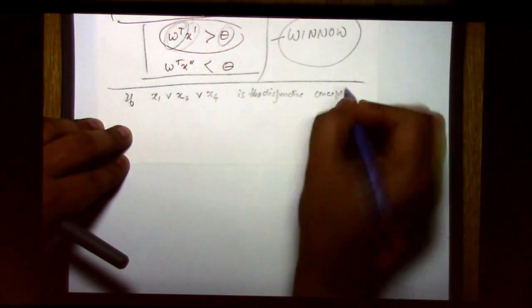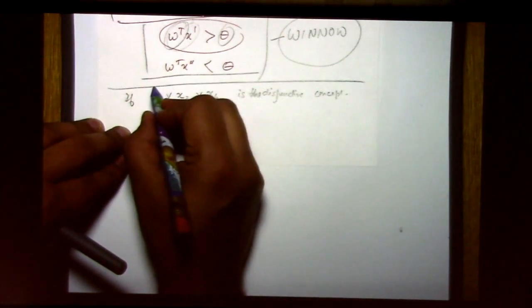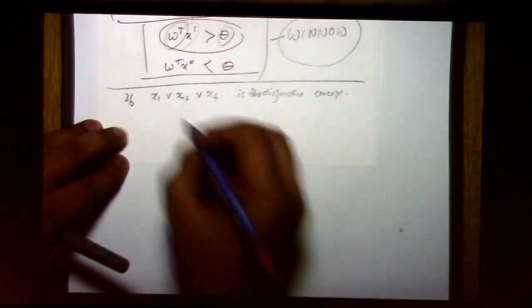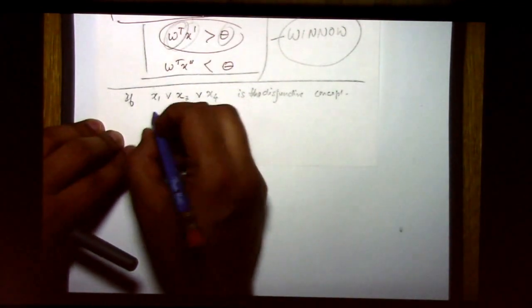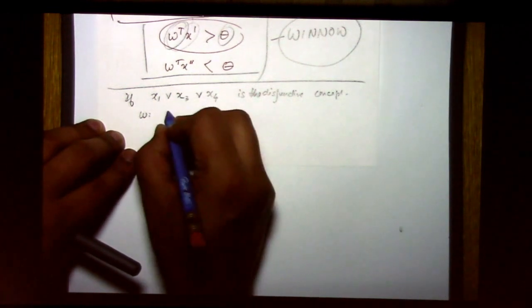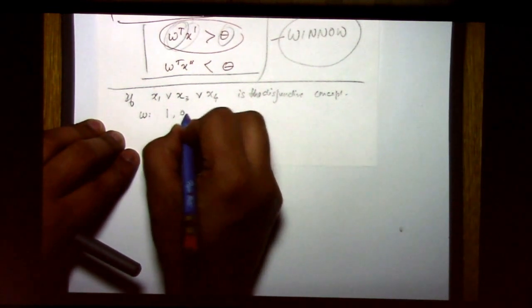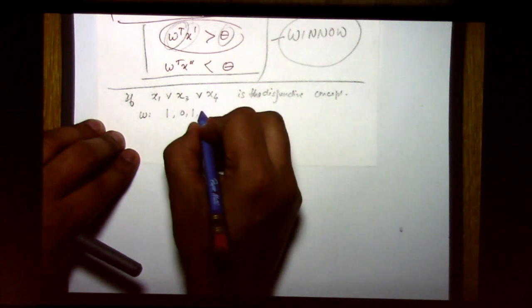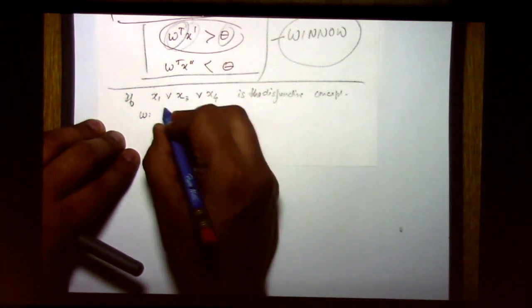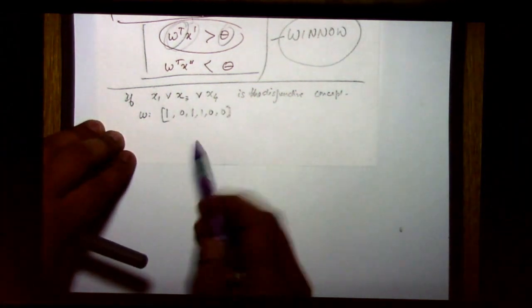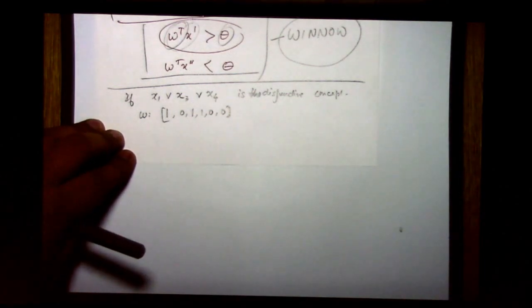Let's say this is a 6-dimensional space. That means that the data points are in 6 dimensions. Then if you write an equation of a line in which W is like this, 1, 0, 1, 1, 0, 0, then this will be the line that will partition it.